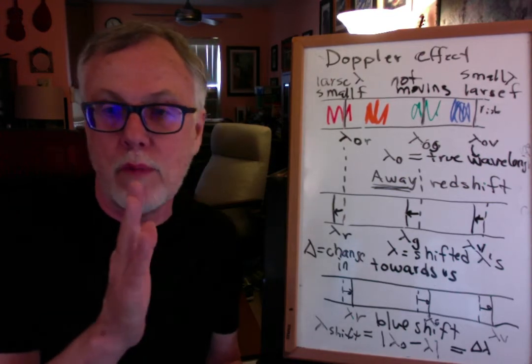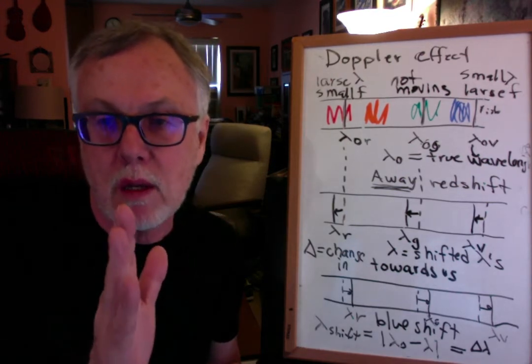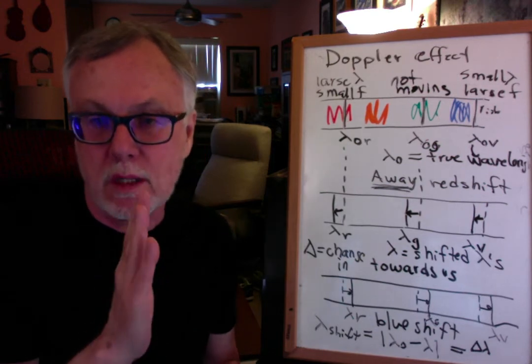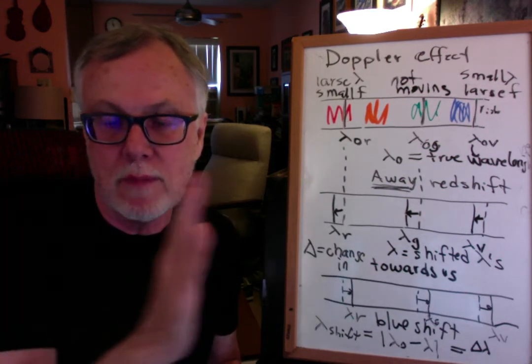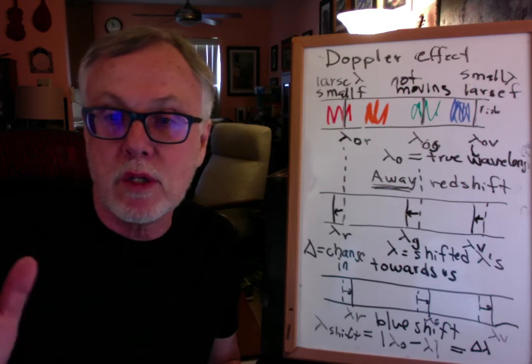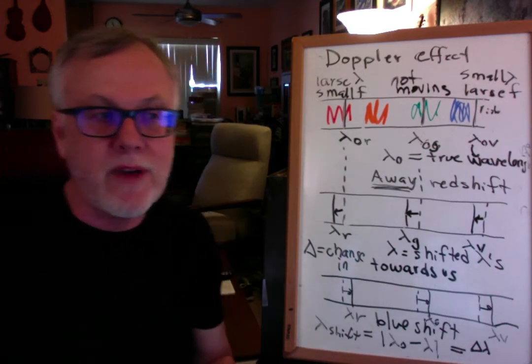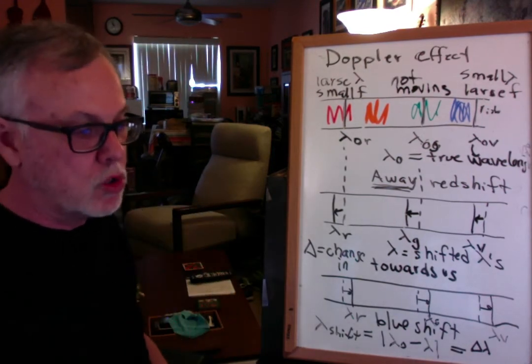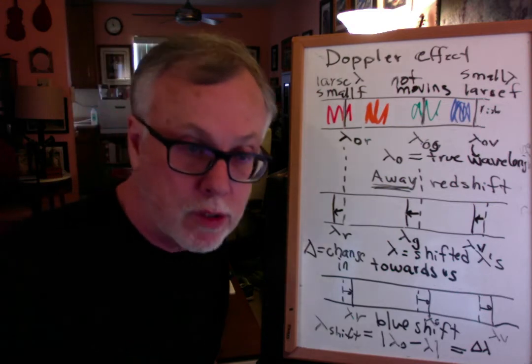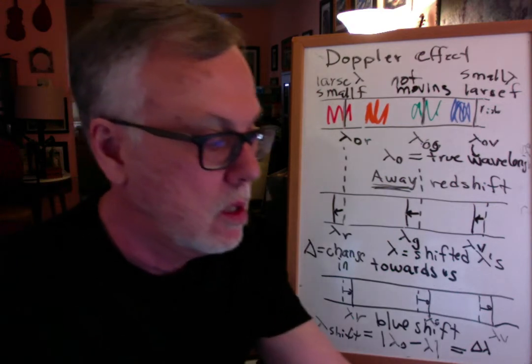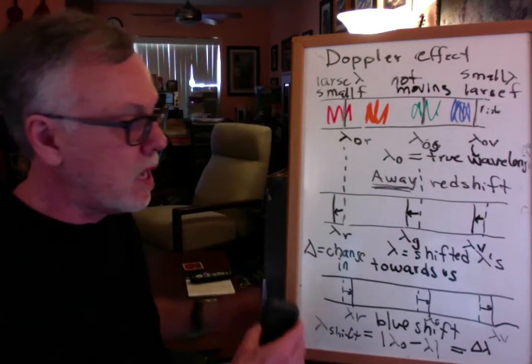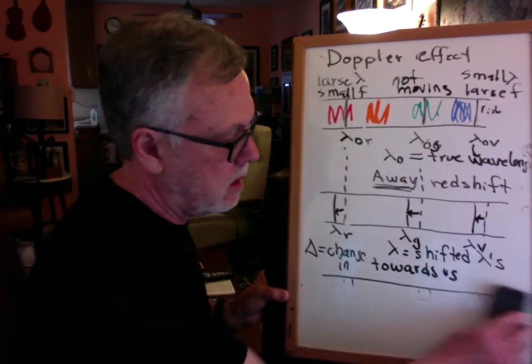But the motion towards or away from us is what is measured. Motion at right angles to us, the Doppler effect is not given by that motion. So there could be that motion also, but this does not provide that.